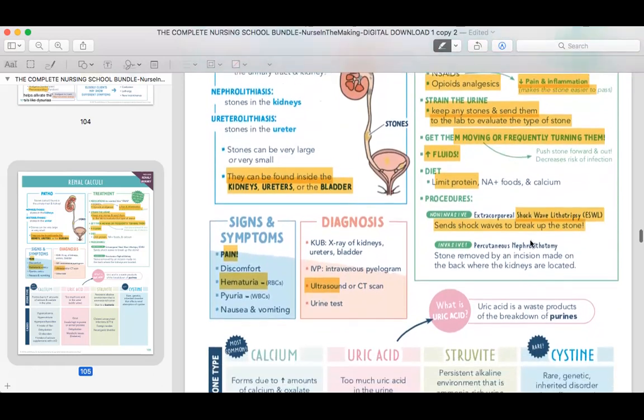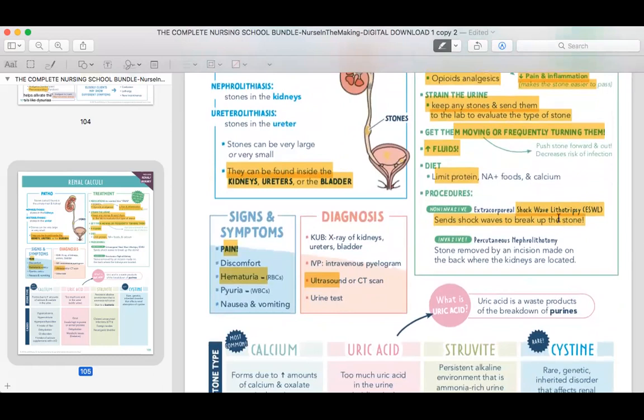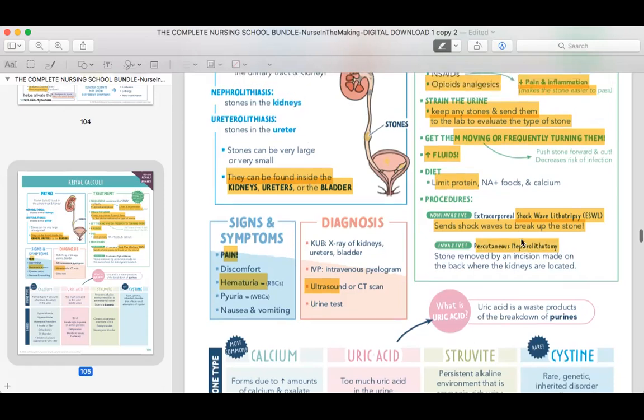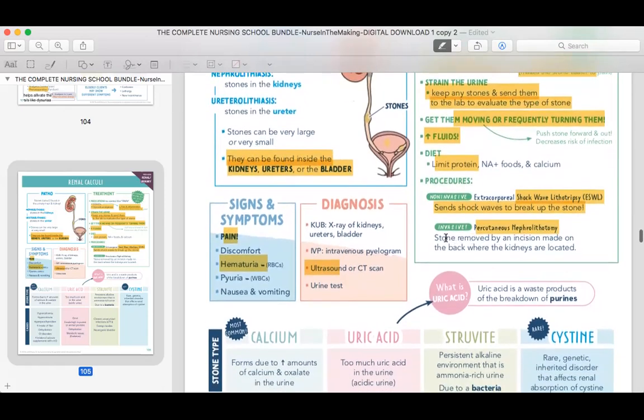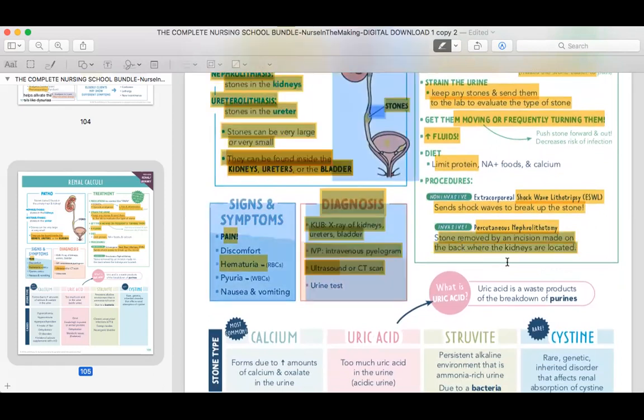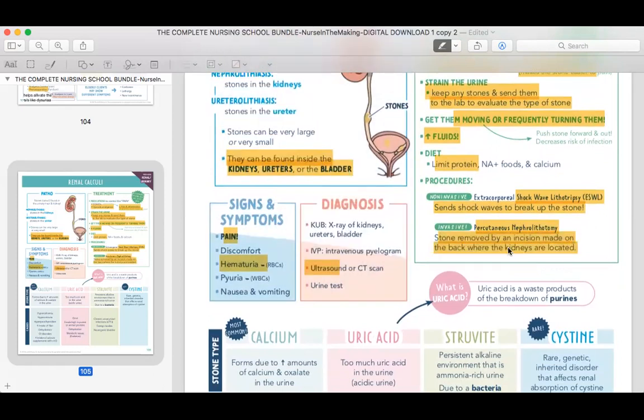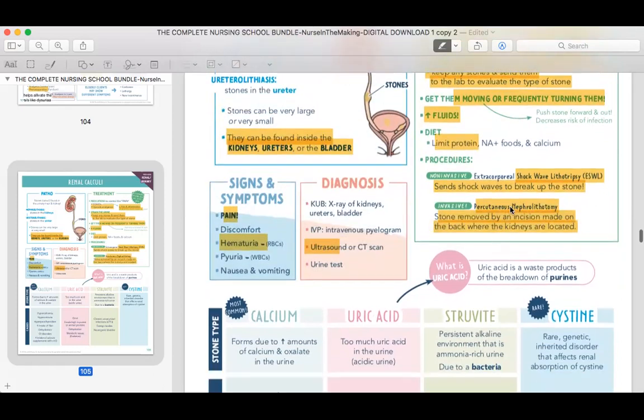But if they're a little bigger, then we have to do a more invasive procedure, which is going in there and having a percutaneous nephrolithotomy, like an opening of your kidney, and stones are removed. There's an incision made in the back where the kidneys are located, and they remove it. But that's worst case scenario if they're bigger.